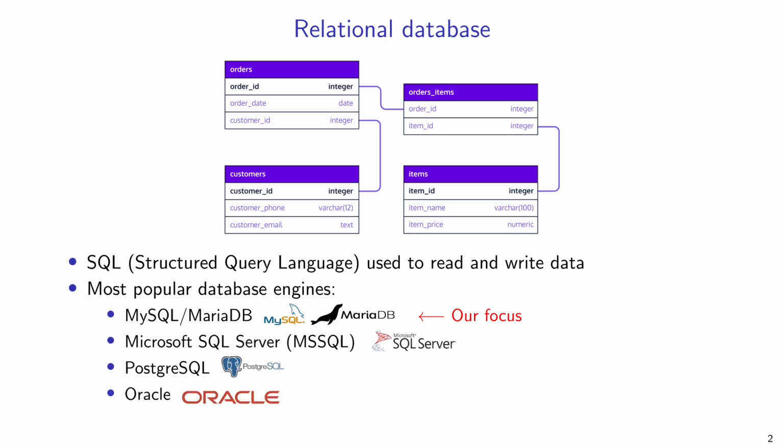Next, we have the database giant Oracle with its highly expensive database product featuring many advanced features, integrated analytics, and whatnot. Oracle databases are typically used in large enterprises or government institutions, but they are usually not directly accessible over the web. And the last database engine to mention is SQLite.